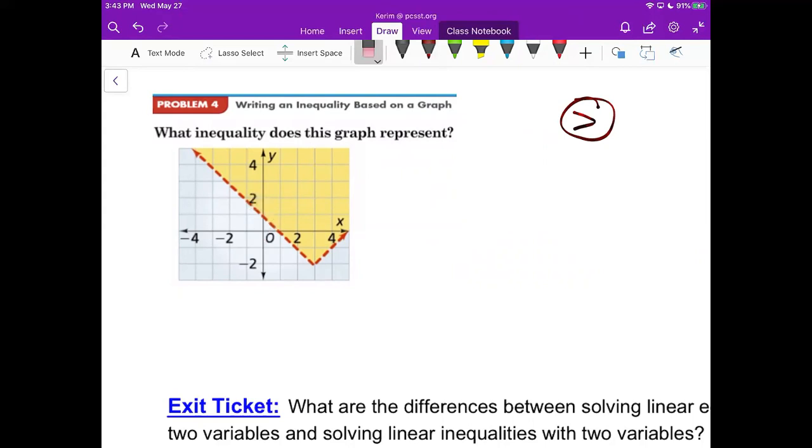Then let's figure out the rule. If this is the parent function, it must be over here like this. So there's a translation on this one, a combination of two, because I am to the southeast of the graph.